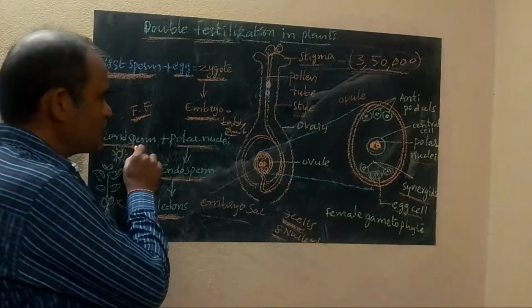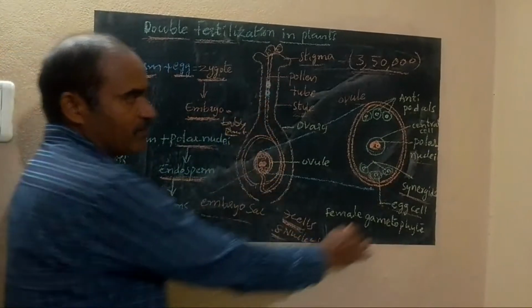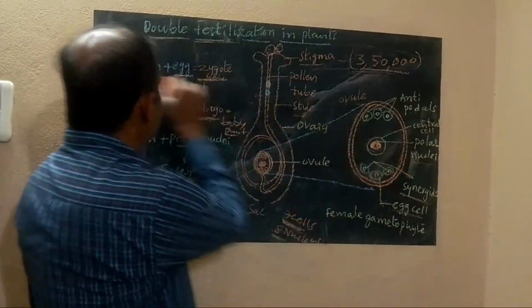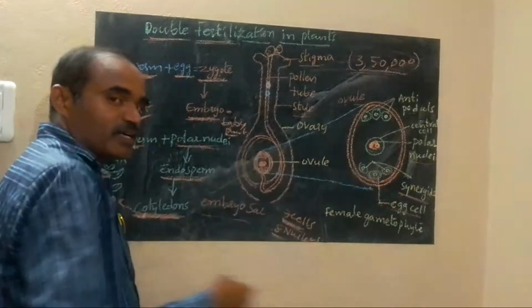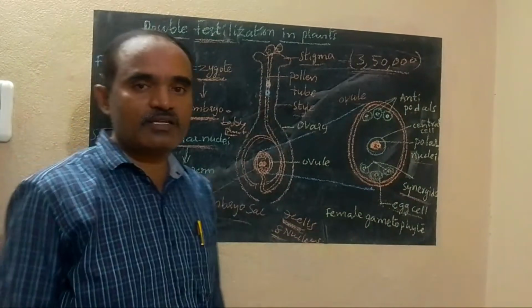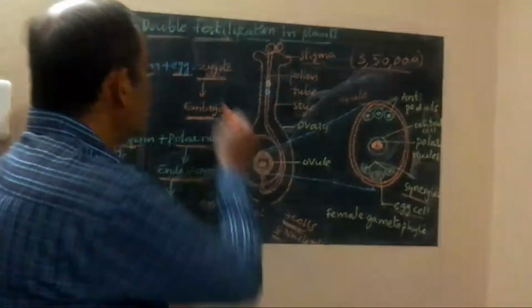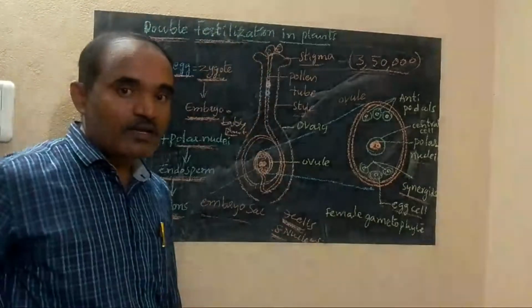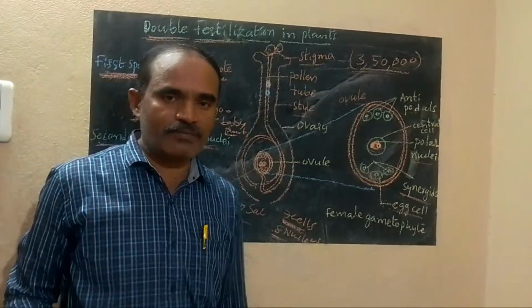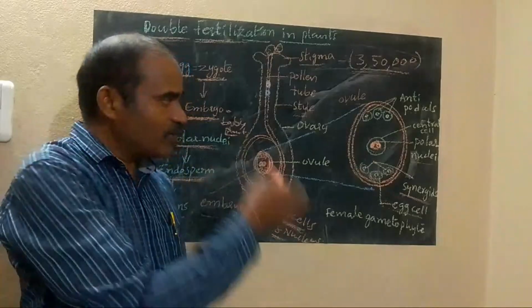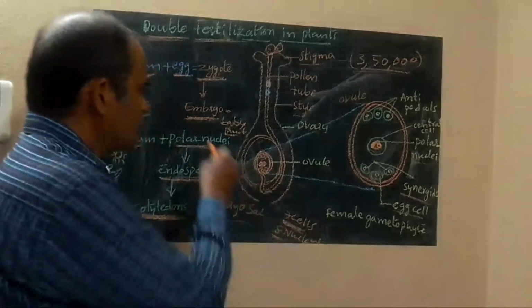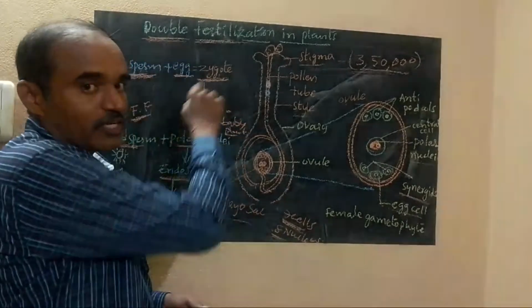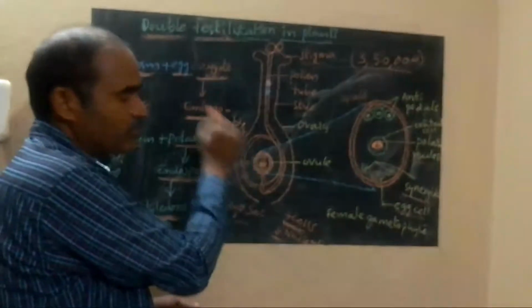So the second sperm is combined with the polar nuclei, and the first sperm is combined with the egg cell. So fertilization takes place in flowering plants 2 times. In the first fertilization, zygote is formed, zygote develops into embryo, embryo to baby plant.